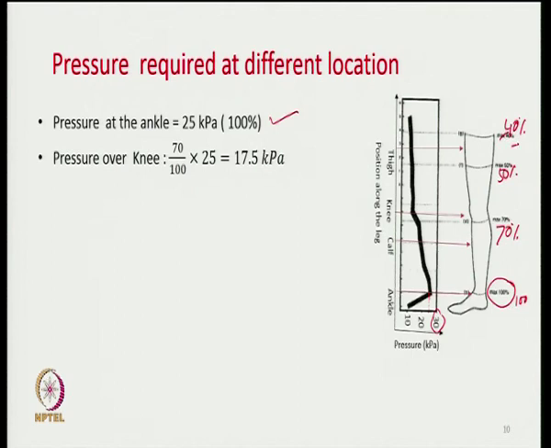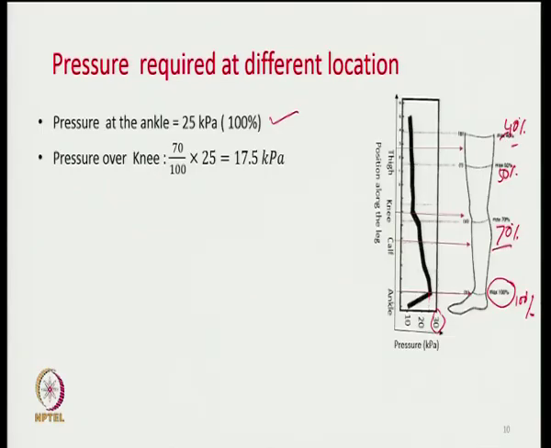That means, the requirement of pressure, whatever it is at the ankle level, will gradually reduce, and at the knees this should be around 70%. Then from knee, as we go up towards the upper part of the thigh, it comes to 50% of what is required at the ankle, and at the upper thigh region when it ends, the requirement is 40%.